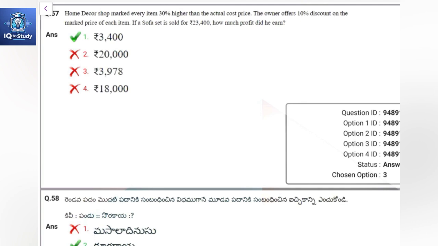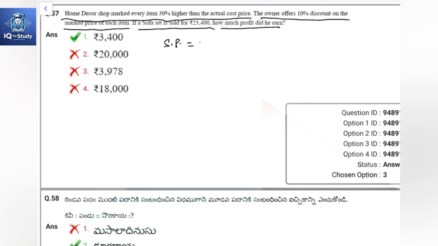A home decor shop marked every item 30% higher than the actual cost price. The owner offers a 10% discount on the market price of each item. If a sofa set is sold for 23,400 rupees, how much profit did he earn? Given, selling price is equal to 23,400 rupees and discount is given as 10%.